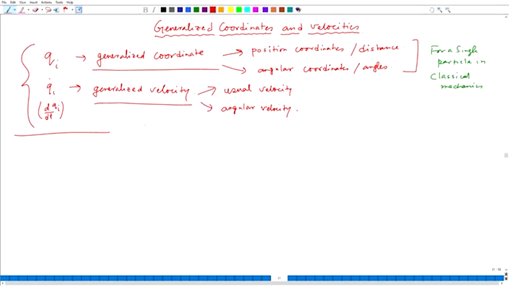So, here for example, I will start by saying that the position vector of a particle can be written, just for a single particle. I am now going, for mathematical generality, to an n dimensional space.